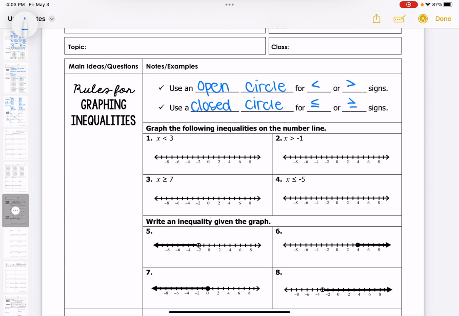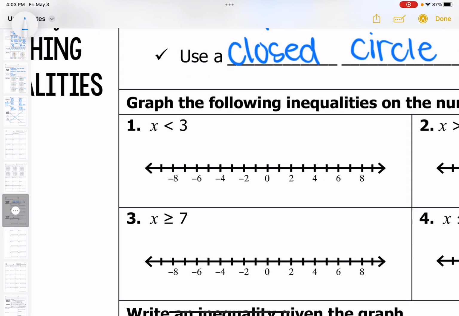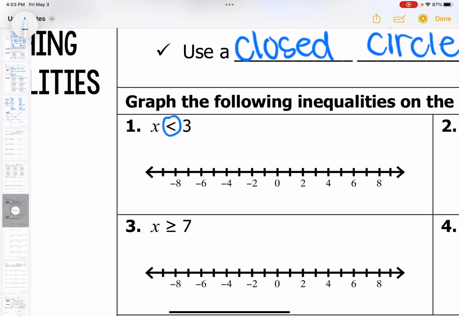So, looking at number 1, we have x is less than 3. Since it's just a less than sign, that means I'm going to have an open circle. On positive 3, I'm going to put an open circle.